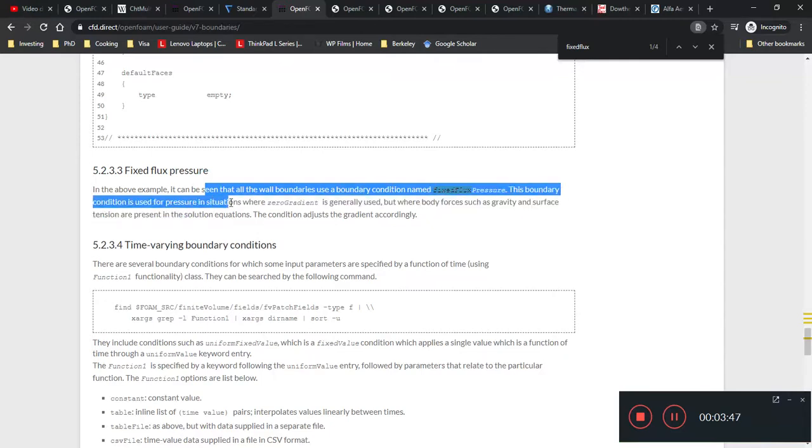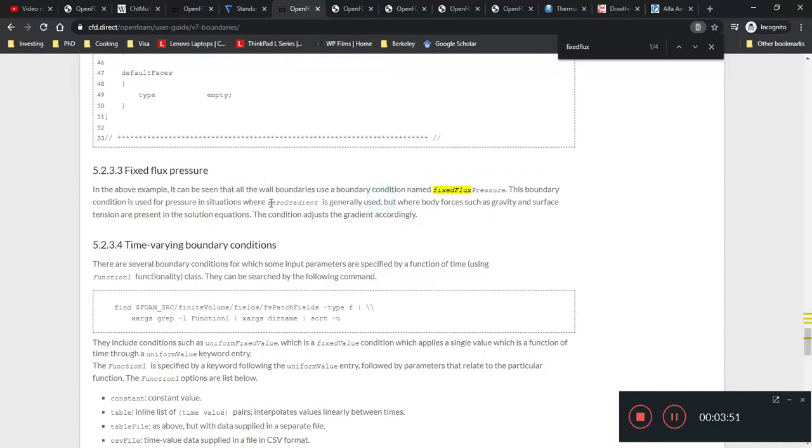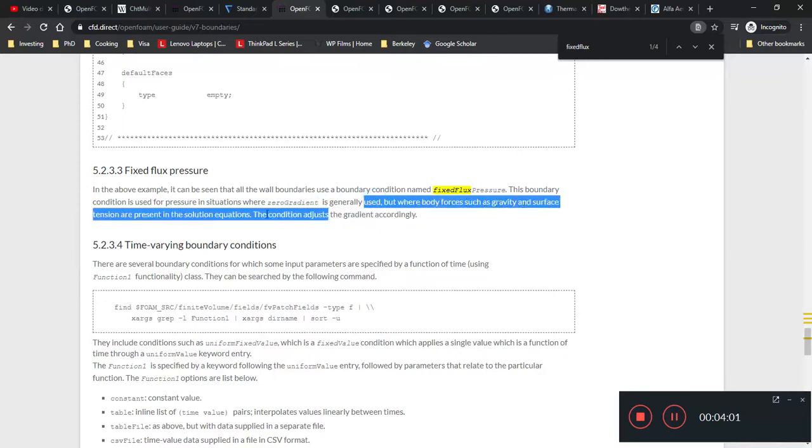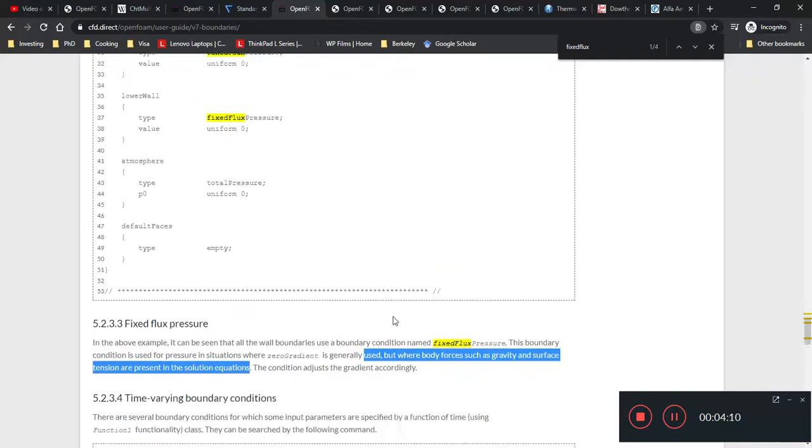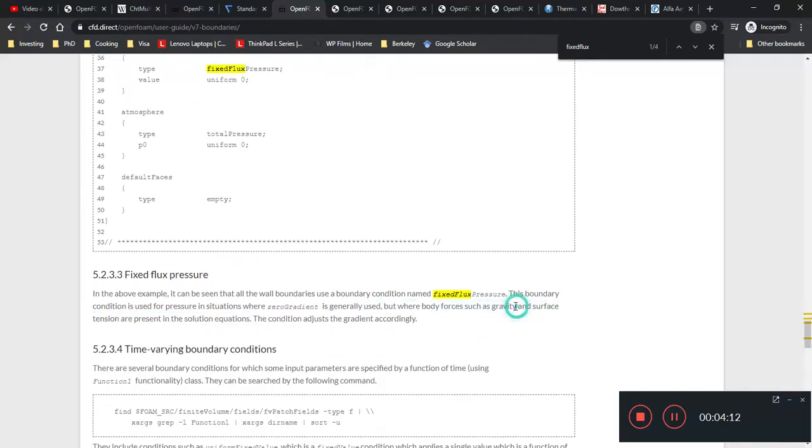This boundary condition is used in pressure where zeroGradient is generally used. So normally, remember when we do pimpleFoam or icoFoam, when we have a wall boundary condition, we usually use zeroGradient. But since there's gravity and surface tension in these equations, there needs to be some change here. So this will take into account all those things, especially the gravity, since these are hydrostatic forces.